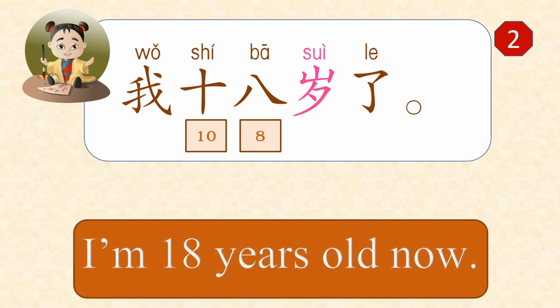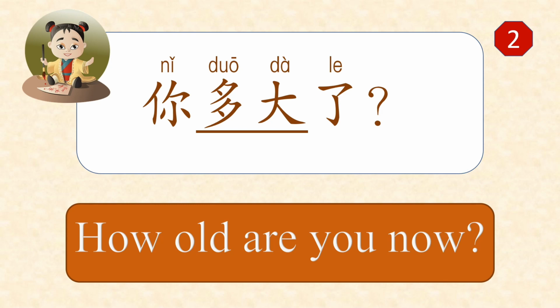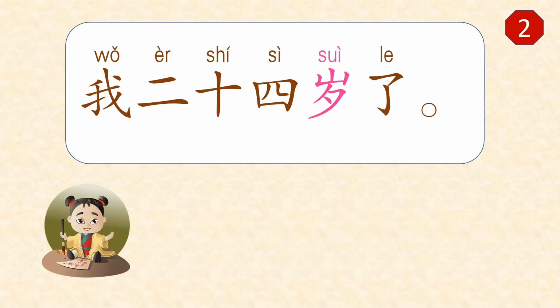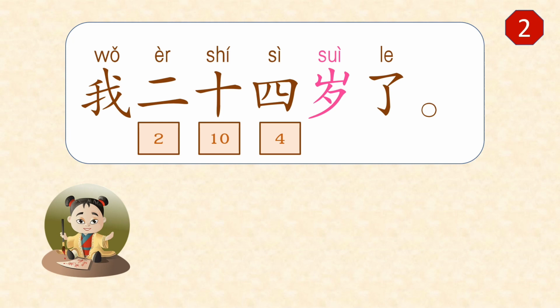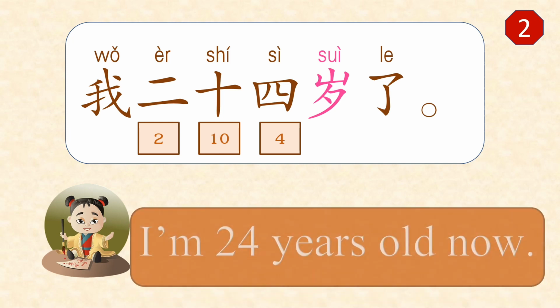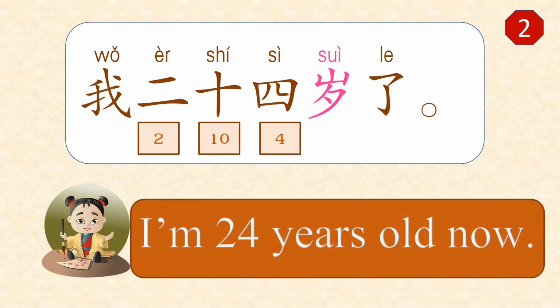Let's see more examples. 你多大了? How old are you now? 我24岁了. What is 24岁? 2 is number 2, 10 is 10, 4 is 4. So 24 is 20 plus 4. 我24岁了.